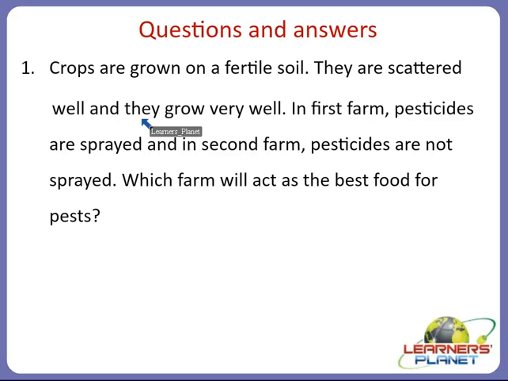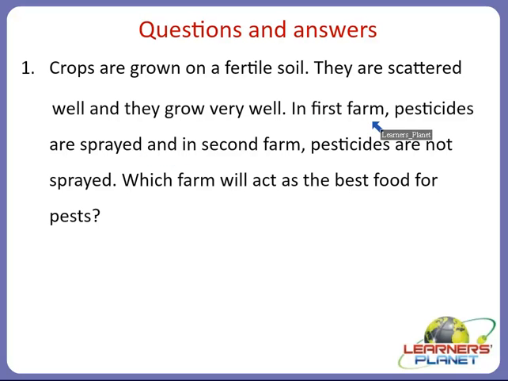that crops are grown on a fertile soil and they are scattered well and they grow very well. So children, the conditions provided here are, in the first farm, pesticides are not sprayed, right?